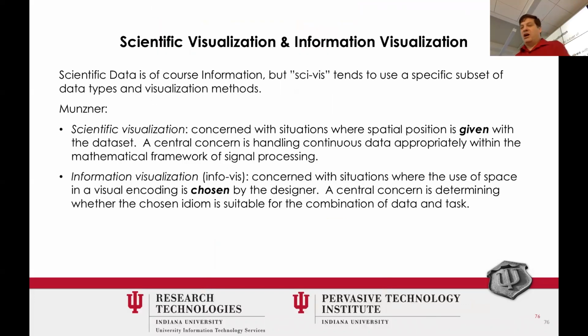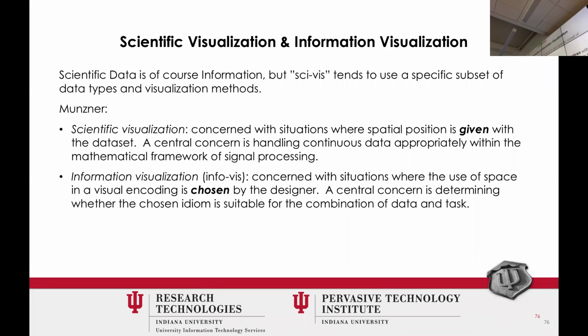All right, so from her book, Tamara divides visualization into scientific visualization, which is mostly the focus of what we're talking about this semester, but we'll delve into information visualization a little bit. Especially if we're talking maybe social sciences and demographics, well, demographics maybe has spatial position, but there's an assumed spatial position.